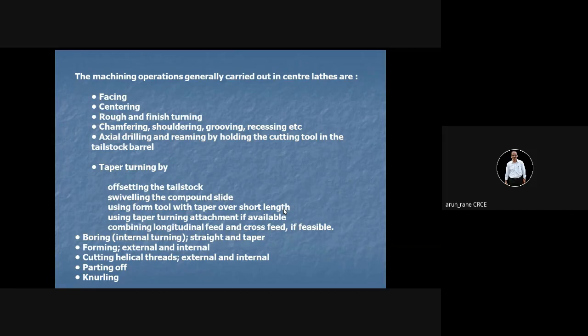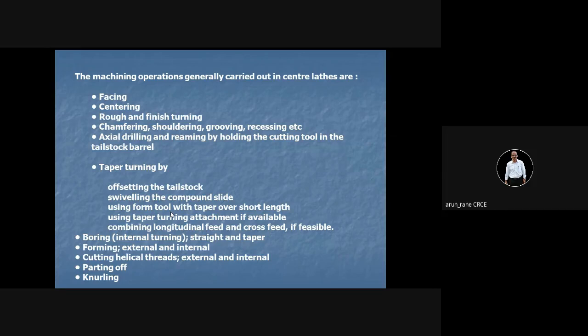The limitation of this is that you cannot cut longer tapers. Generally, this form tool is used for a taper length up to 25 mm or maximum 30 mm, not more than 30 mm. Because if the length of the taper is more, obviously the width of the tool increases.